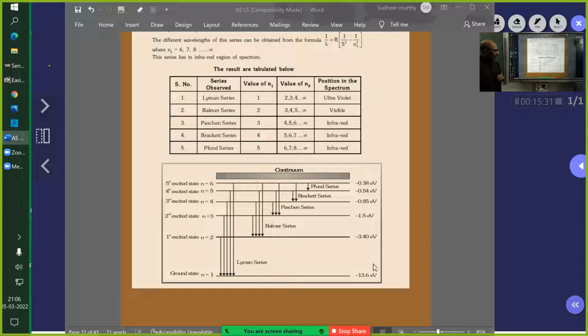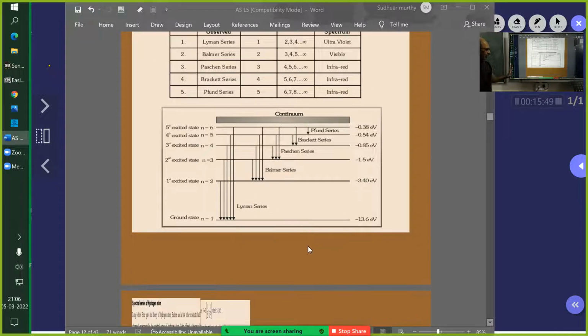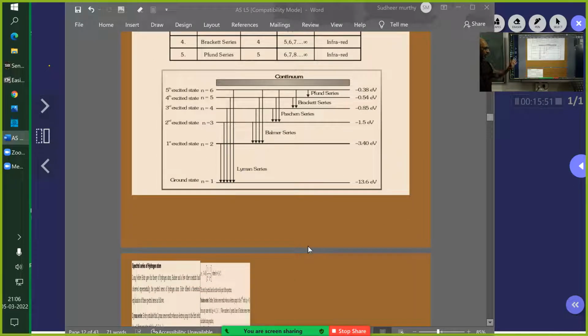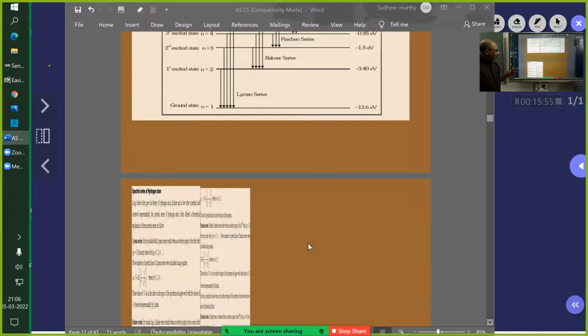Then you see the energy levels. As you can see, the magnitude is decreasing, but the value goes on increasing as you go from bottom to top. That means the energy is increasing. It is very clear: Lyman, Balmer, Paschen, Brackett, and Pfund series. You have studied all these in detail in chemistry, and I am sure all of you are excited with these things because they are easy to comprehend.